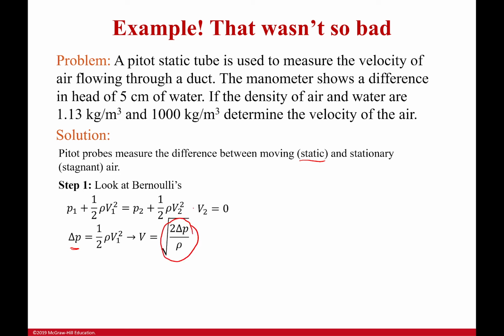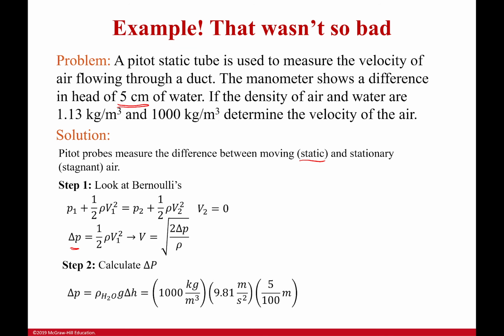Now I know the density of air, so I'm good there, but I don't know that change in pressure. So how do I get that? Well, I get that from my manometer. So my manometer is going to tell me that difference in pressure. It's all based on the height of the water. That height of water, its hydrostatic pressure is actually the same as the difference in pressure between my static and stagnation points.